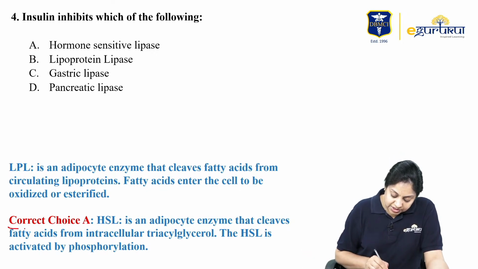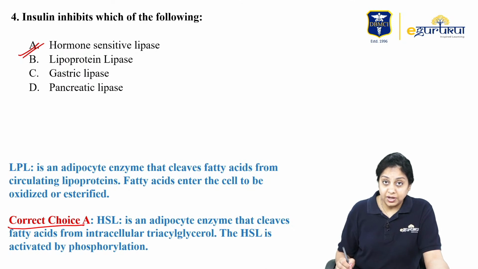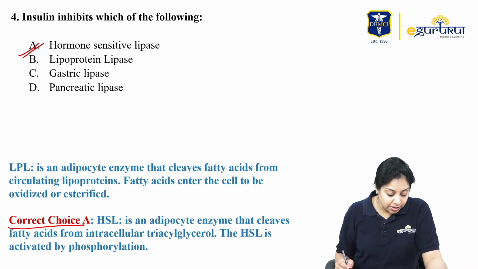So the correct choice is A. That is HSL, an adipocyte enzyme that cleaves the fatty acids from the intracellular triacylglycerol, and it is activated by phosphorylation. Insulin does the dephosphorylation, so it inactivates hormone sensitive lipase, right?